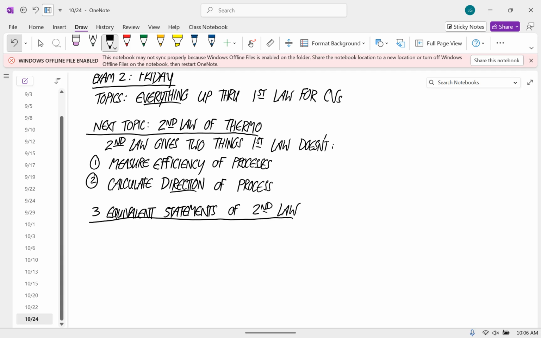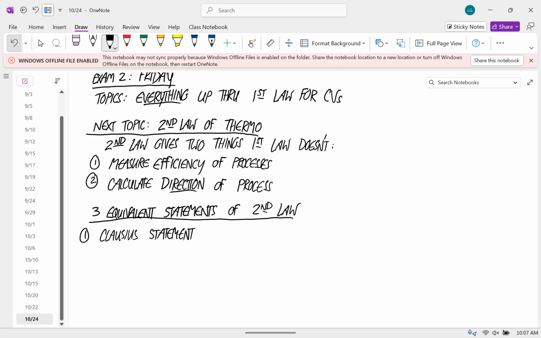The first one is called the Clausius statement. You have to be careful with Clausius. There are actually two things named after Clausius that are going to be really important to us in this section of the class, and they mean totally different things. So I'm going to keep emphasizing that.